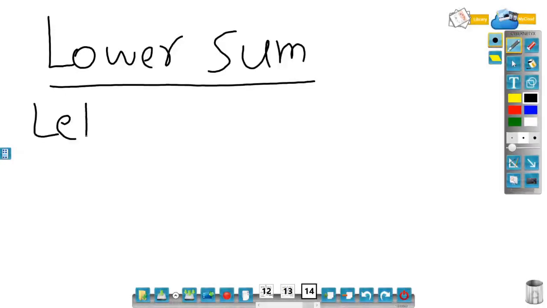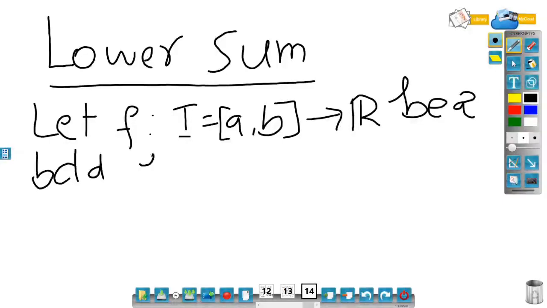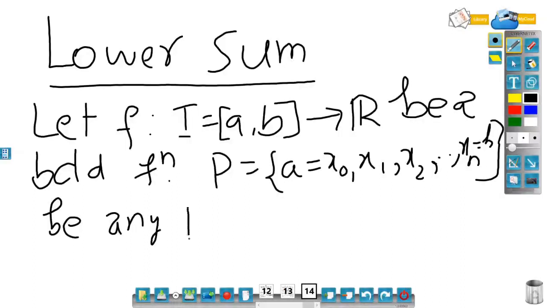So let f be a function from I, which is the closed interval [a, b], to R, be a bounded function with a partition P equal to {x0, x1, x2, ..., xn} equal to b, any partition of I.